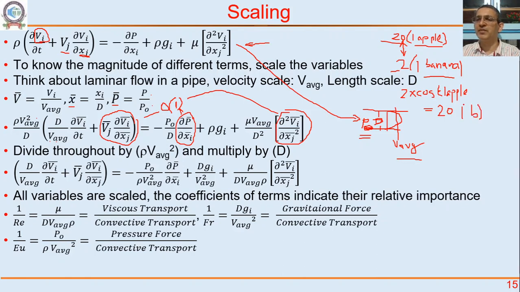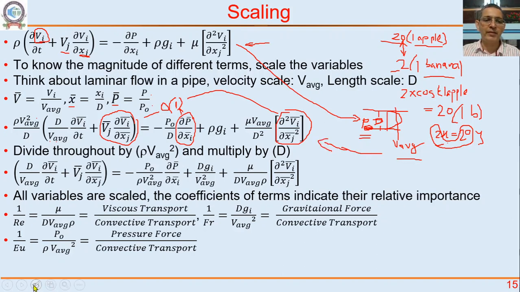So if you say the cost of one apple is X and the cost of one banana is Y, the equation would be 2X equals 20Y. Then this ratio tells me the relative importance of the cost of one apple with respect to the cost of one banana. That's what we have here.